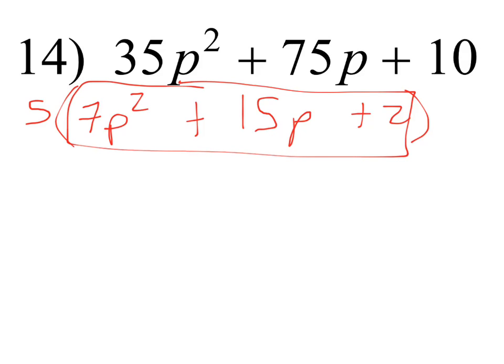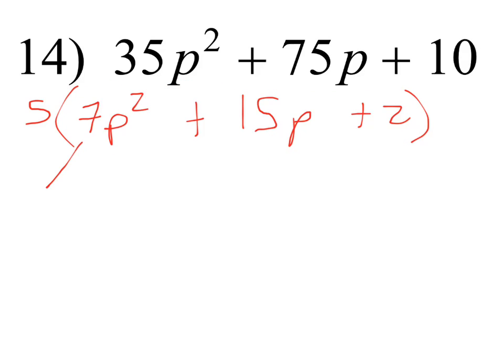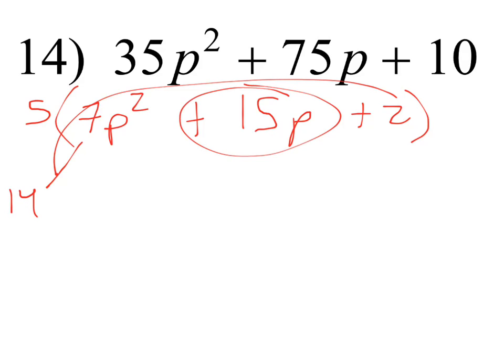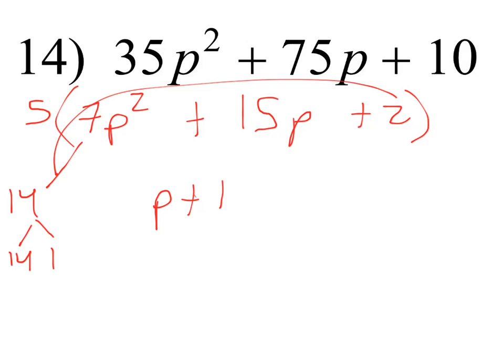And we're going to pretend like this is our new problem for a little bit. We'll take the 7, we'll times by 2, we'll get 14. And when you figure out what factors of 14 add up to be 15, well, that's just 14 and 1, both positive. So we'll have p plus 14, and then we'll have p plus 1.